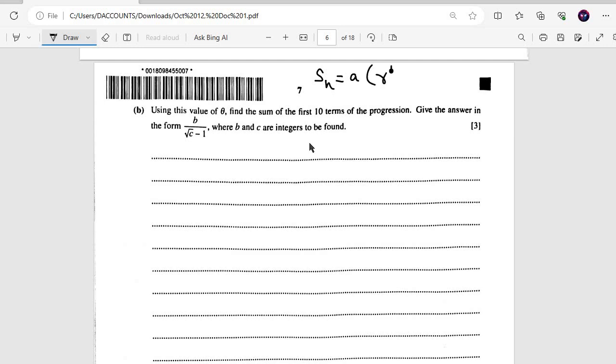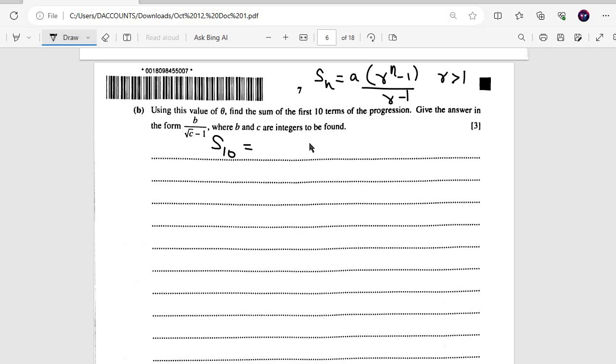It is a times bracket r raised to the power n minus 1, over r minus 1. We use this when r is greater than 1. If it's less than 1, we reverse it. You can check this formula in your MF19. So the sum of 10, n is 10.